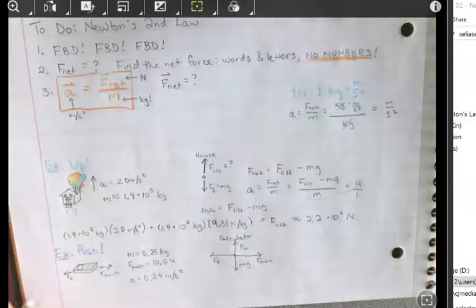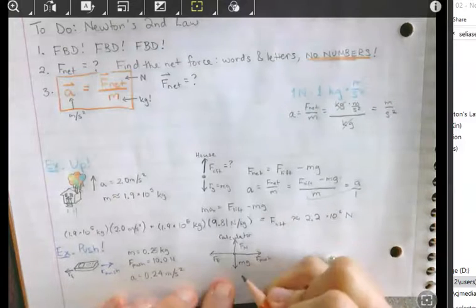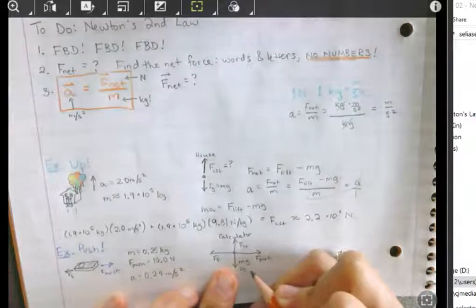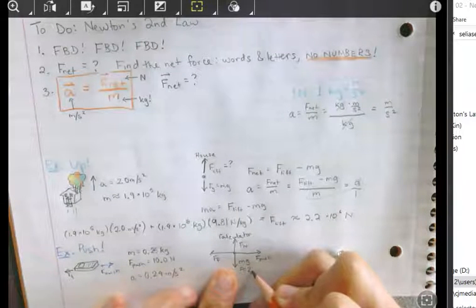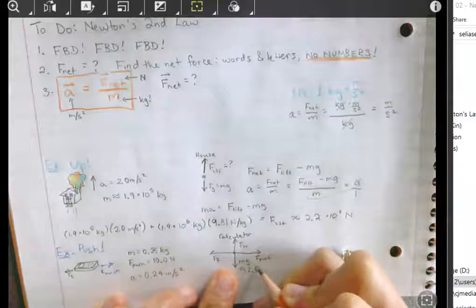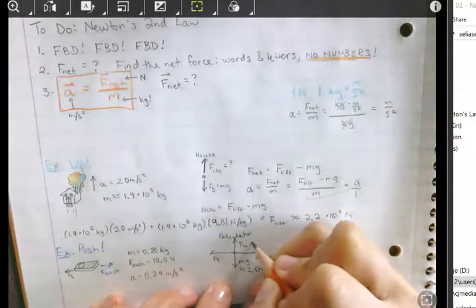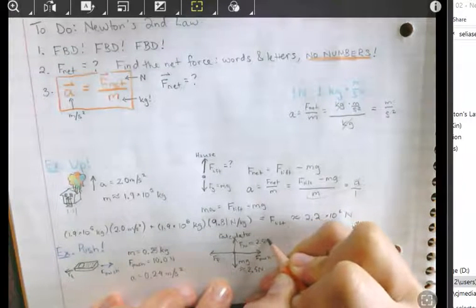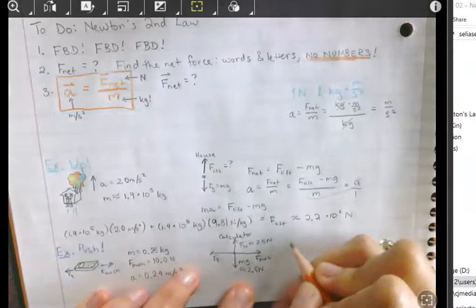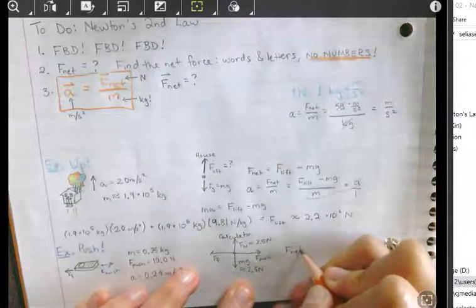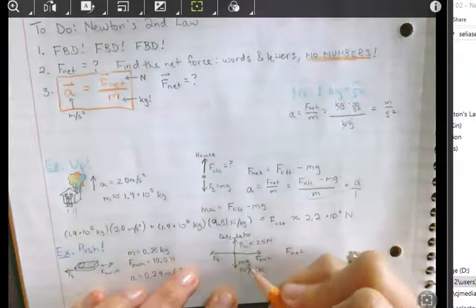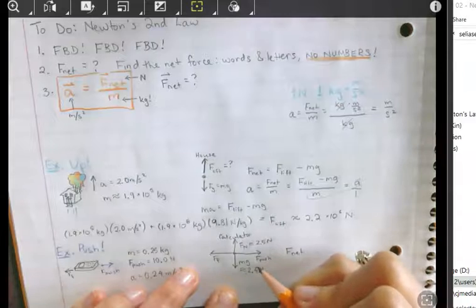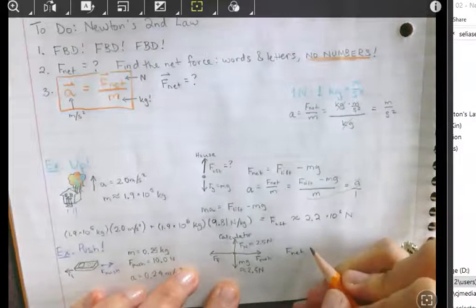0.25 kilograms times 9.81 should give you a weight of about 2.45-ish newtons. But we're not ready for the numbers yet. Our next step is to point out that the net force is not in the vertical direction. These are equal. They give you a net force of 0.